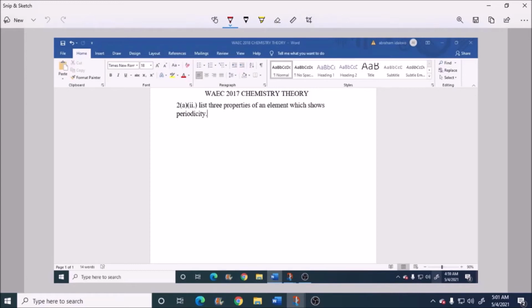Number 1, we have melting and boiling points as the first one. So it's one of the properties of an element which shows periodicity. Number 2, we have electronegativity or electropositivity.